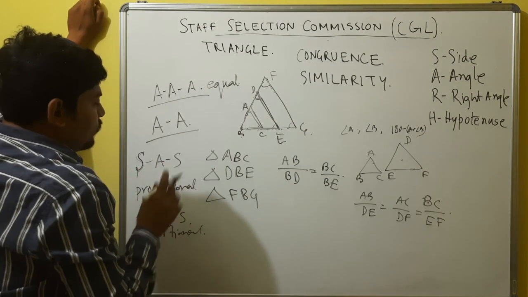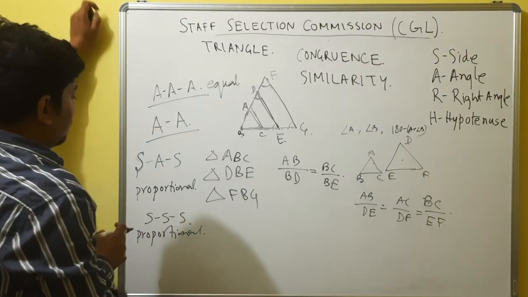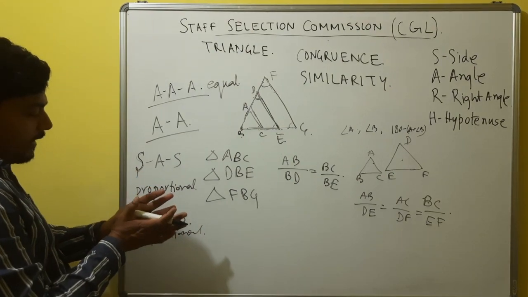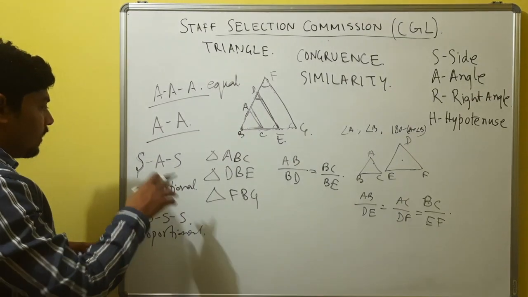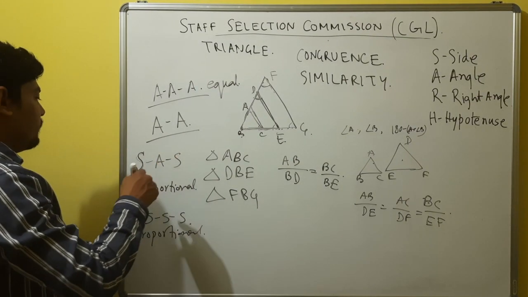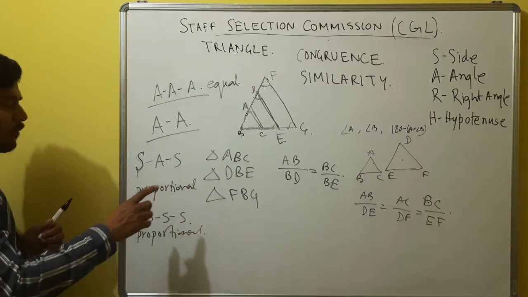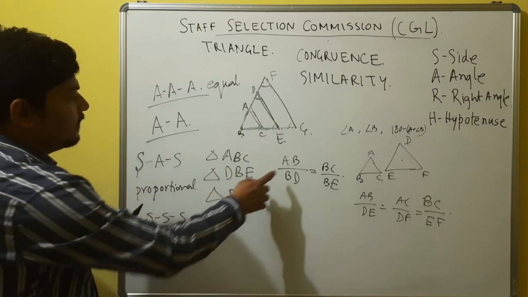Side angle side: two sides and one angle matching. It means the angle between both the sides, in this order, and these sides are proportional to the other triangle's sides.